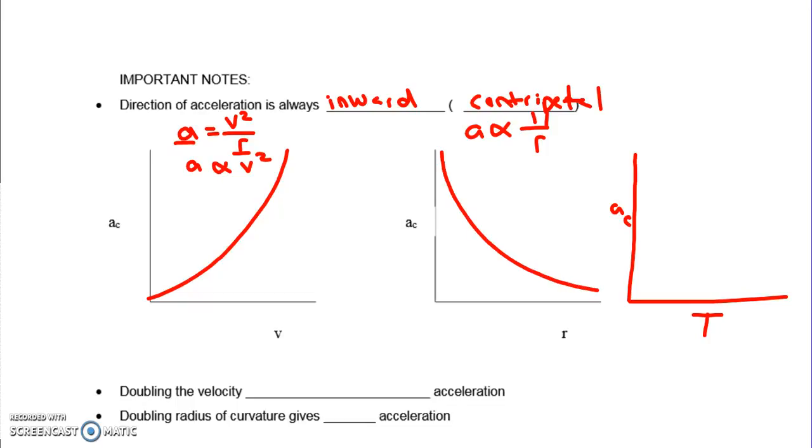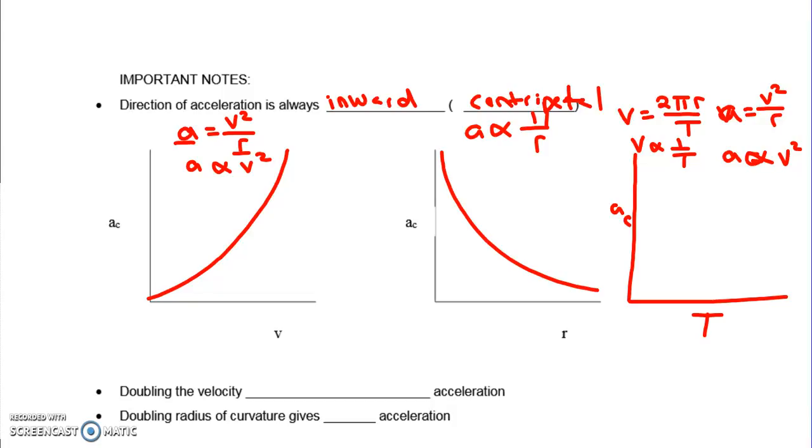And then if I want to figure out how A and T are related, I have to do 2 steps. I know that V is equal to 2 pi R over T, so V is proportional to 1 over T. And then A is equal to V squared over R, so A is proportional to V squared.